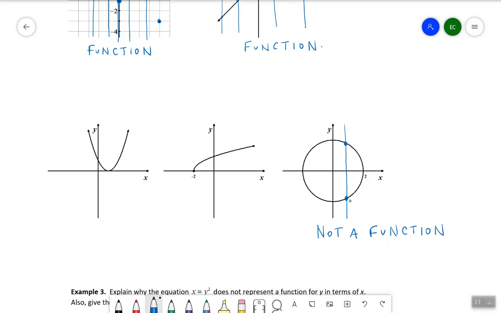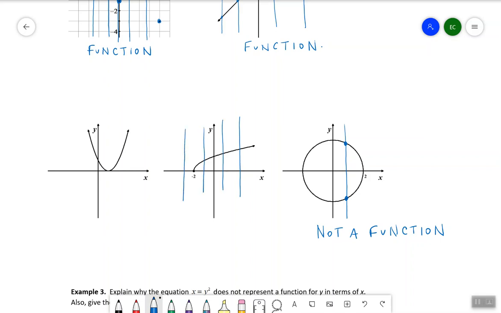We've drawn a vertical line that hits the graph twice, that hits the graph more than once. And so for this particular input value x, there's more than one output. There's 2 different outputs.